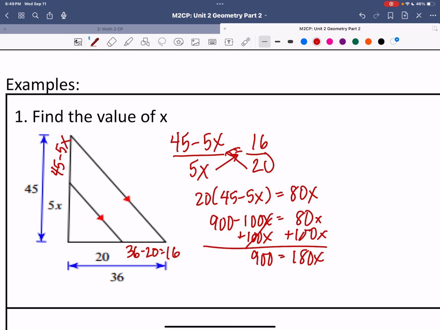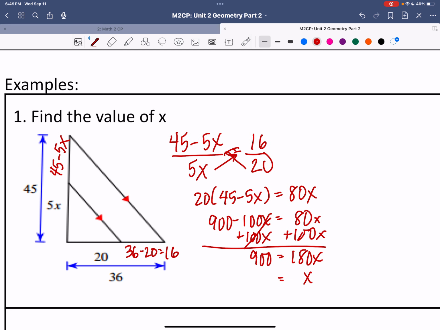Divide both sides by 180, and you get x equals 5. All right, so that's all you have to do. Remember, just set up your proportions. The tricky part here was you had to figure out what that side was and what that side is. And that's your answer: x equals 5.